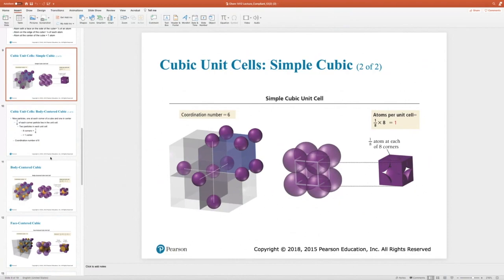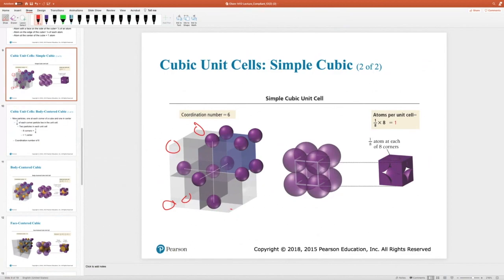This is where my mind was at first, that we have 8 corner pieces. So 1, 2, 3, 4, 5, 6, 7, 8. And then you have 6 face pieces. So you have the ones on the face. And then they're telling you now, if the middle one is silver Ag, how many fluorides are surrounding it?